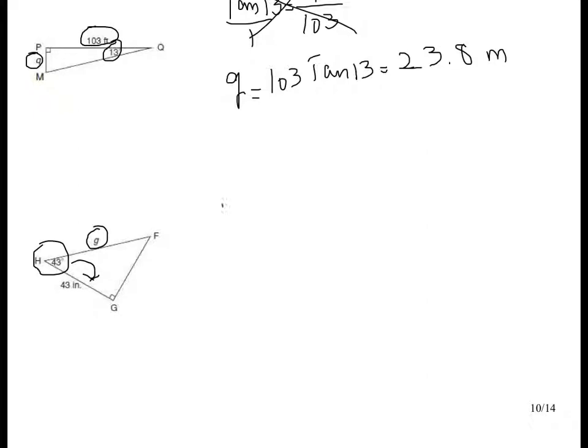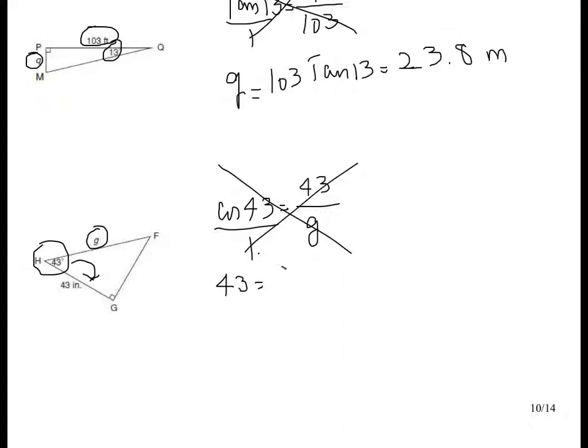So I can write cos 43 is adjacent, which is 43, divided by hypotenuse, which is g. Again, the denominator is 1. I crisscross here. I get 43 times 1 is 43 is equal to g times cos 43.